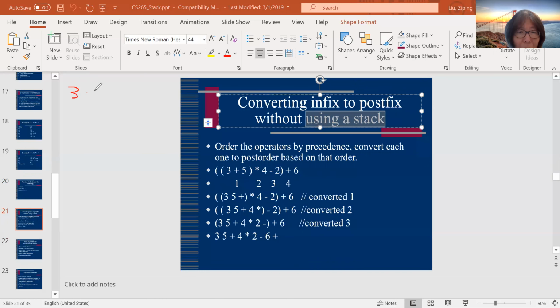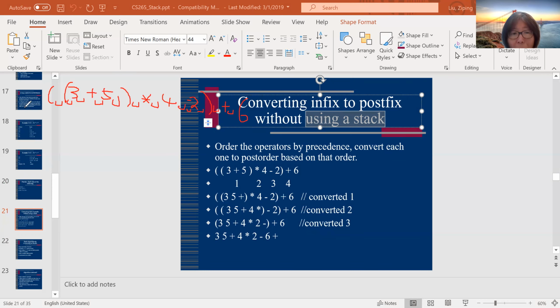So we have 3 and then plus 5, and make sure we have spaces. And here we have parentheses, then multiplication, and then we have 4, and then minus 2, and parentheses, and then we also have another parenthesis, plus, and 6 in parentheses.